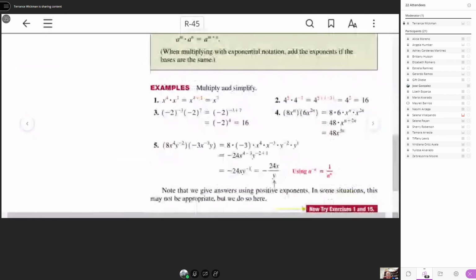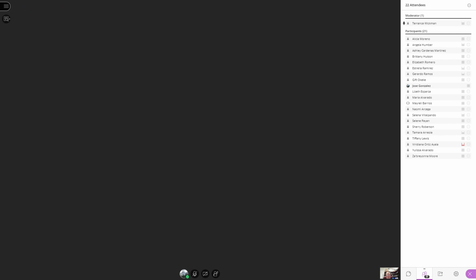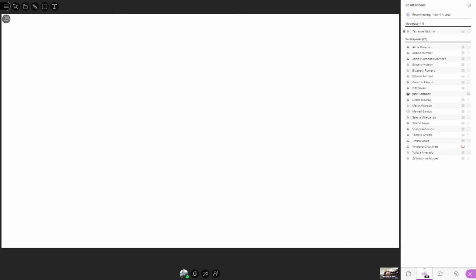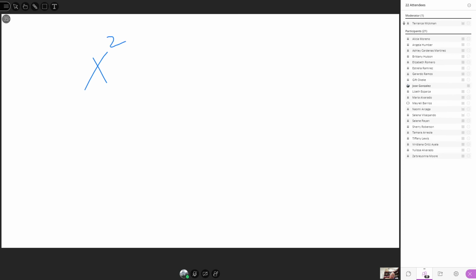Properties of exponents in scientific notation. Look at this. If you have the same bases, you add the exponents. So x to the fourth times x third gives you x to the seventh. Let me make that clear for you. If I say I have x to the second power times x to the third power, you don't get x to the 6, you get x to the 5.